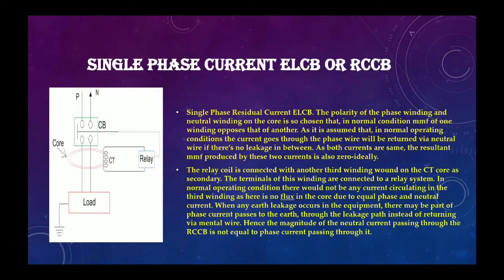When any earth leakage occurs in the equipment, a part of the phase current passes to the earth through the leakage path instead of returning via neutral wire. Hence, the magnitude of the neutral current passing through the RCCB is not equal to the phase current passing through it. So that is the working principle of single phase current ELCB or the residual current circuit breaker, that is the RCCB.